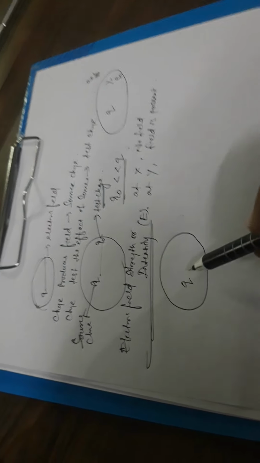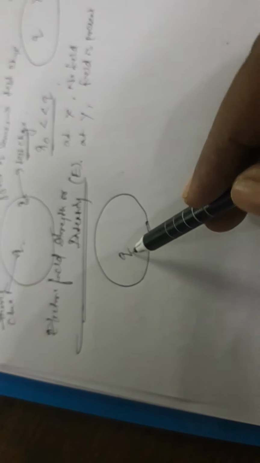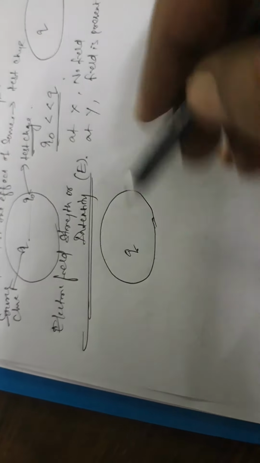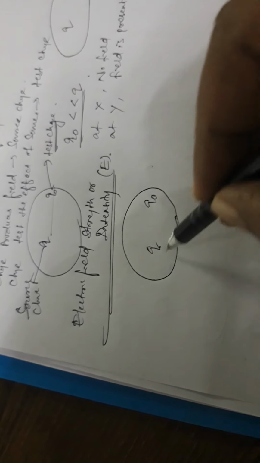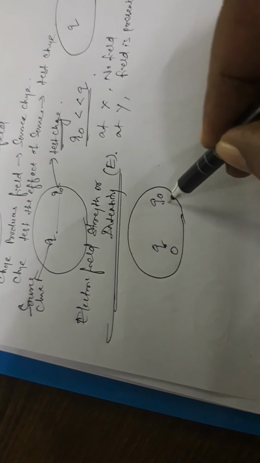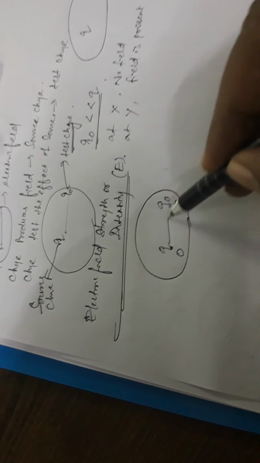The source charge Q is coming. Now it is creating the field of its own. Now in the field of the source charge I have brought another charge Q0. Let Q be located at the point O and Q0 at the point P. Clear? Now this distance, suppose this is r.